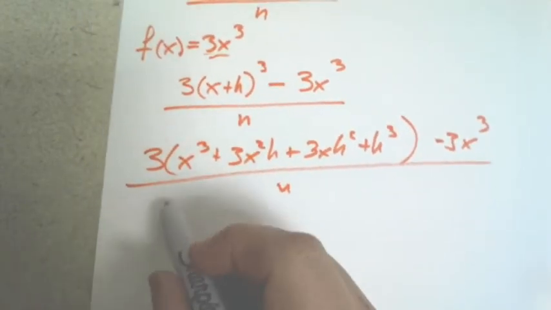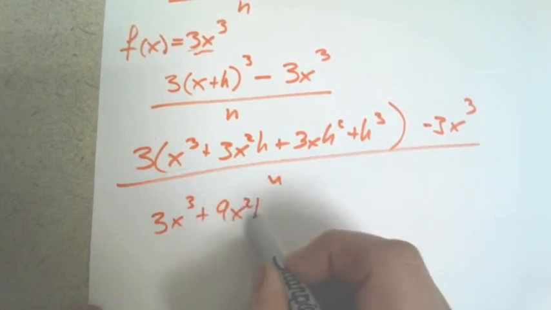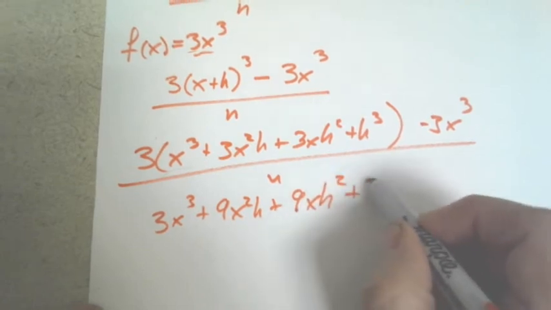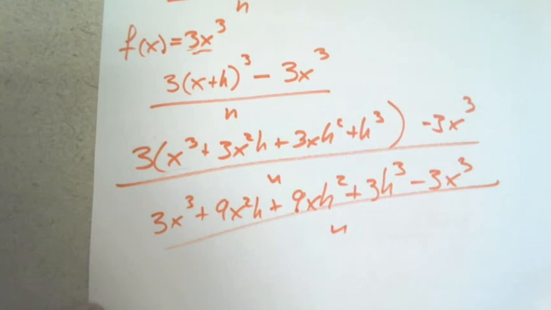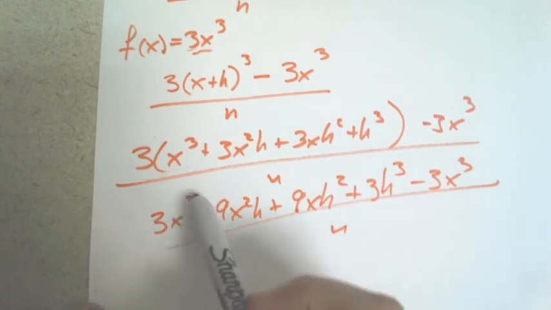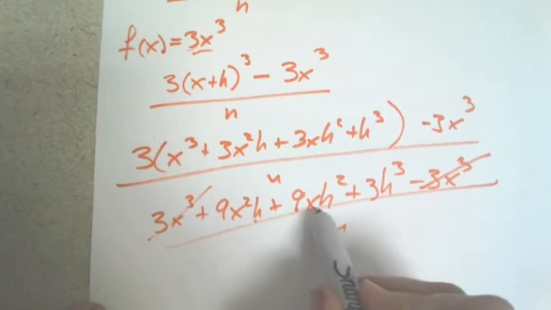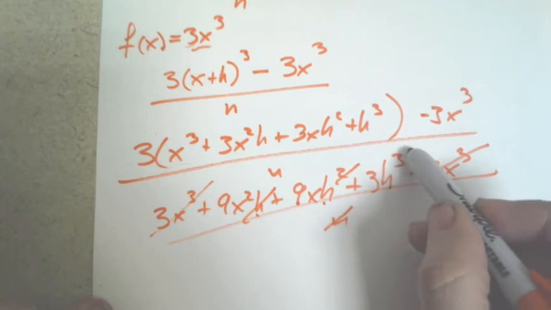Distribute that 3, and you'll get a nice 3x to the third plus 9x squared h plus 9xh squared plus 3h to the third minus 3x to the third all over h. You'll notice that these 3x to the thirds cancel, and then there's only h's left here, so that h will cancel with one of those, and one of those.